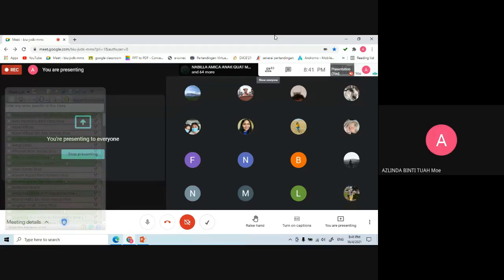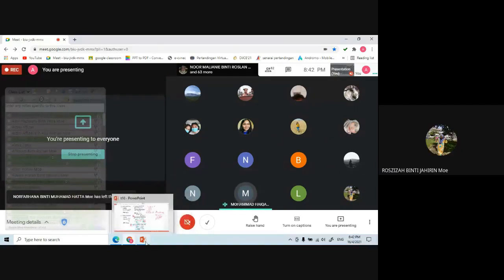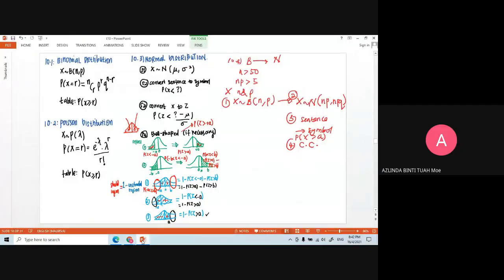Itu bukan supaya boleh buat box method. Buat continuity correction tu adalah menggunakan. Okay. Ada reason lain? Sebab kalau binomial dia pakai N dengan P. Reason dia kenapa? Lepas tu?